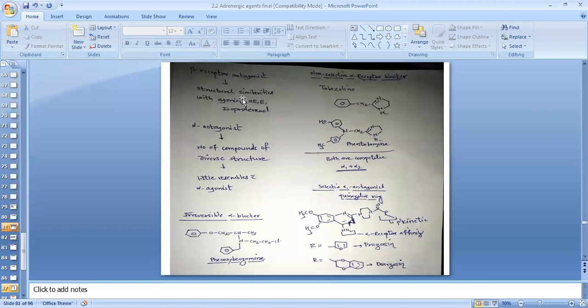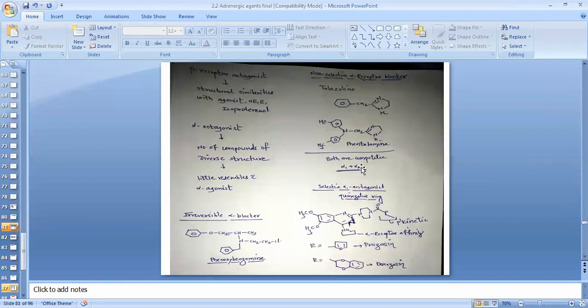Beta receptor antagonists and non-selective alpha receptor blockers. So these are the structures of the drugs. Beta receptor antagonists have structural similarities with the agonists norepinephrine, epinephrine and isoproterenol. What about alpha antagonists? A number of compounds of diverse structure that little resemble the alpha agonists. What are the non-selective alpha receptor blockers? Tolazoline and phentolamine.